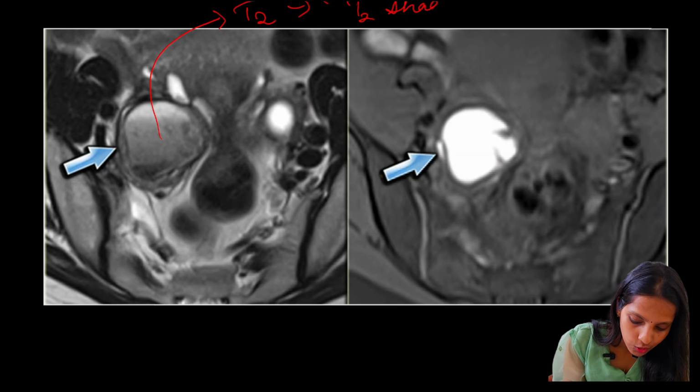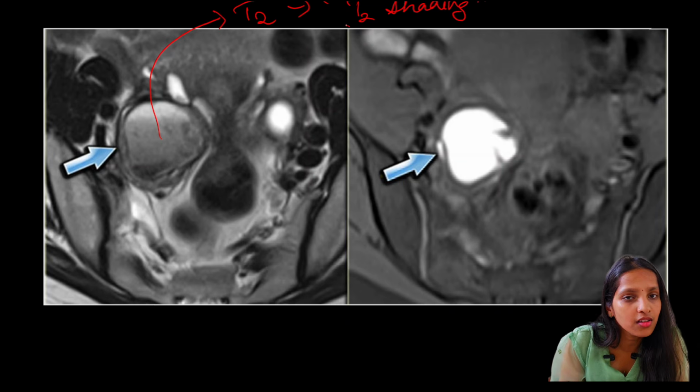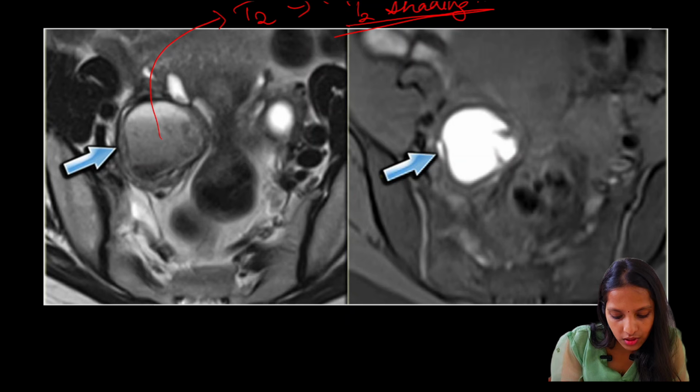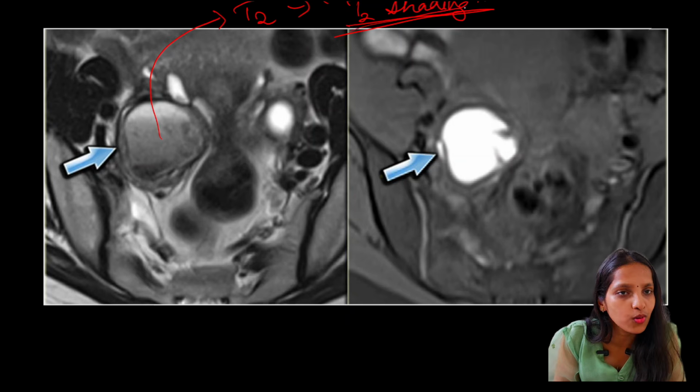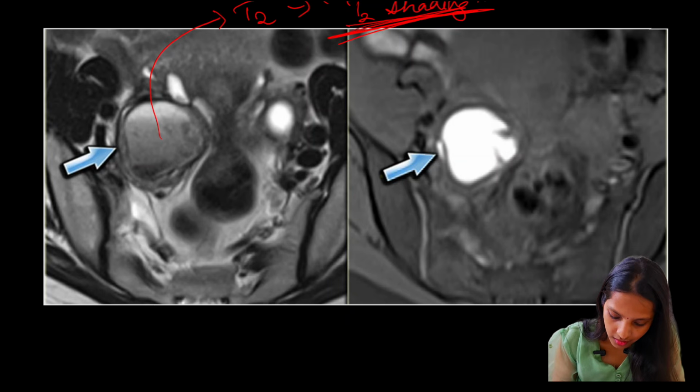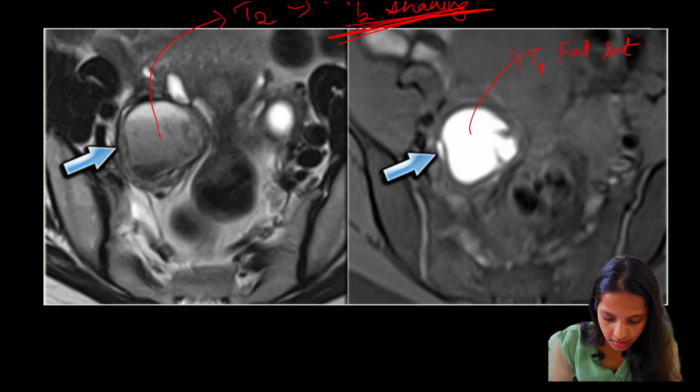T2 shading occurs because when the chocolate cyst undergoes hemorrhagic transformation, the hemorrhage shows as T2 shading. This is another T1 fat sat image showing suppression of all the surrounding fat, excluding the internal endometrioma.